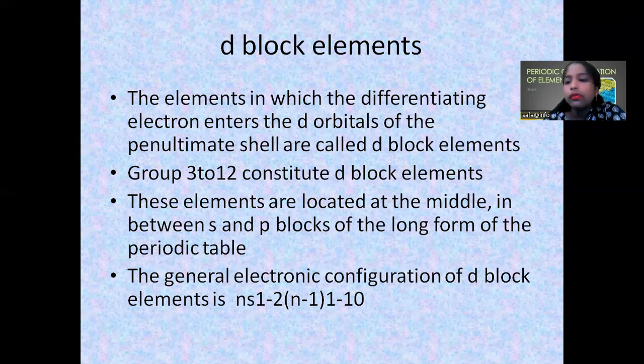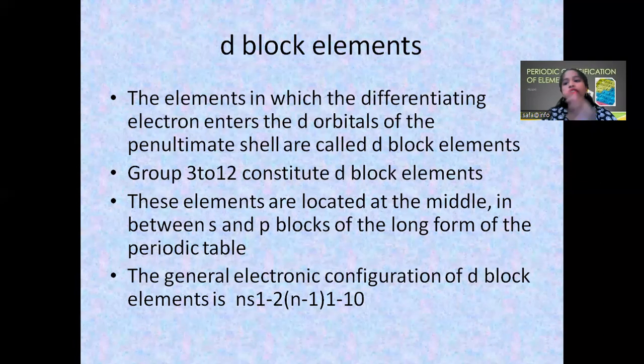So what is meant by d block elements? If you see s and p, we have one common thing, that is the outermost shell. The last electron of the s orbital and p orbital enters the outermost shell only. The definition you have to compulsorily note down: s and p, outermost shell; d means penultimate shell.